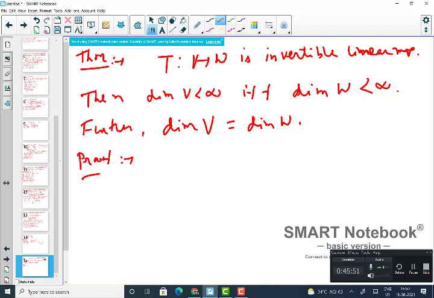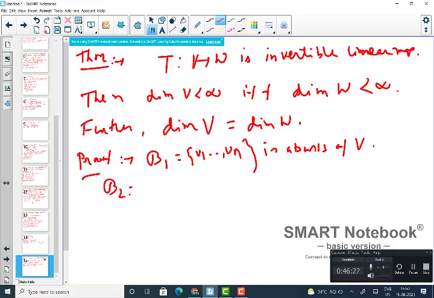One thing is that suppose you start with a basis of V, say v1 to vn. If this is the basis B1, then obviously T is onto. So what does that mean? Onto means the range is full W. So B2 will be T of v1, ..., T of vn.